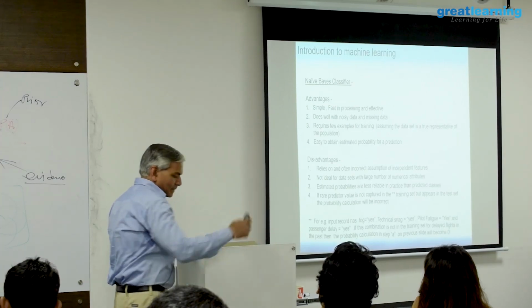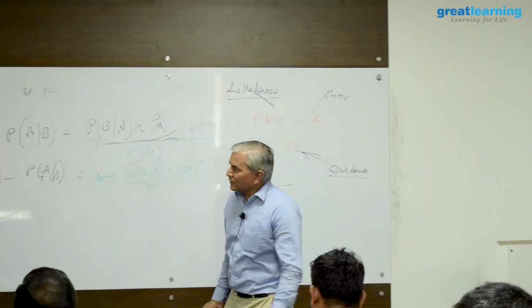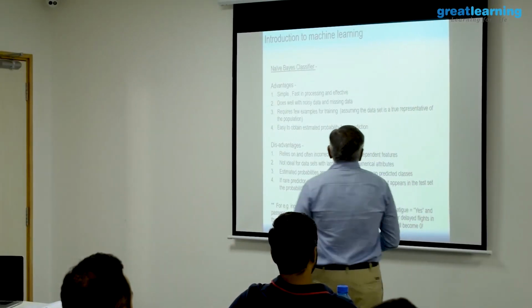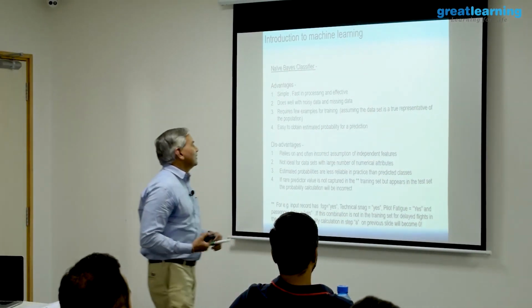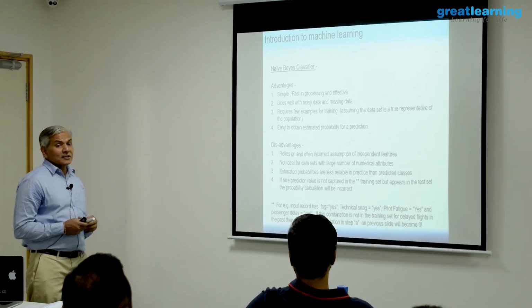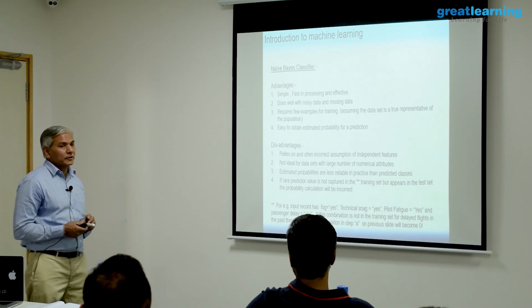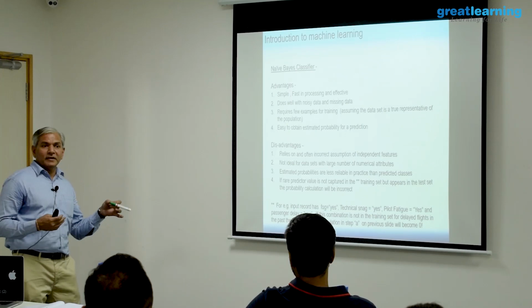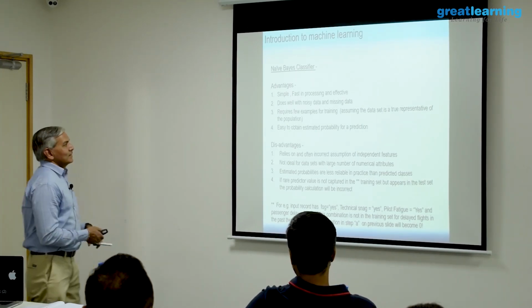the hands-on. Before I go into hands-on, advantages and disadvantages. Just like logistic regression, it's very fast both in training and testing. K nearest neighbor is very fast in training but very slow in testing because it has to find so many distances to find the K nearest neighbors.